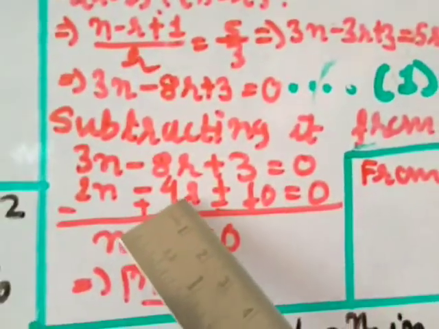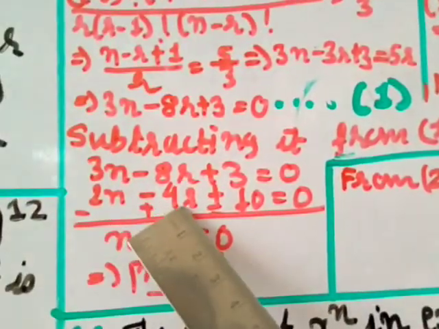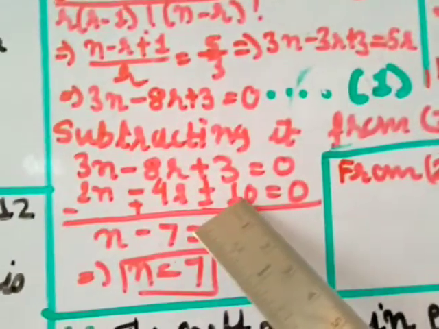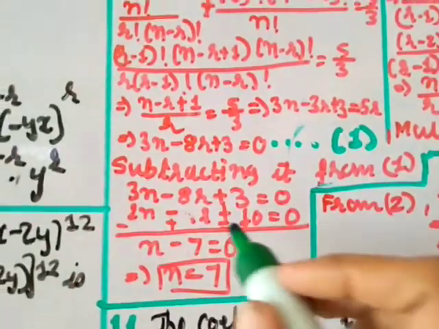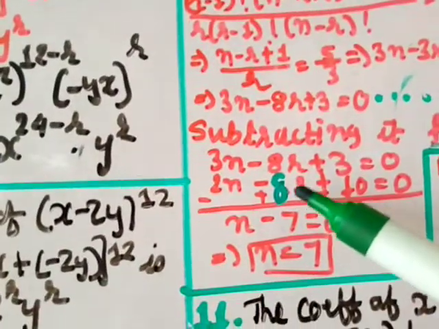Then minus 4 into 2 is minus 8r, sorry, it should be 8 here, and 5 into 2 will be 10, equal to 0. It will be 8 because I am multiplying by 2 here. When you multiply 4 by 2, it will be 8. So now change the sign.